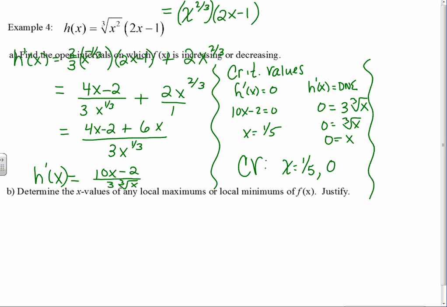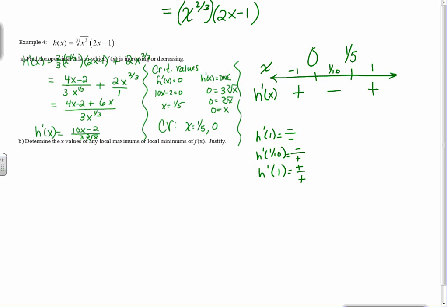Take it to, oh, I'm going to be tight here. Take it to a sign chart. Go ahead and sign chart it and see if we match. Okay, so I got my sign chart drawn out. We had those two critical values at 0 and 1/5. So I found some quick little easy test points, and I used -1, 0 to 1/5. So I just halved this fraction, and that gave me 1/10. Easy way to find a number smaller than it, double the bottom.